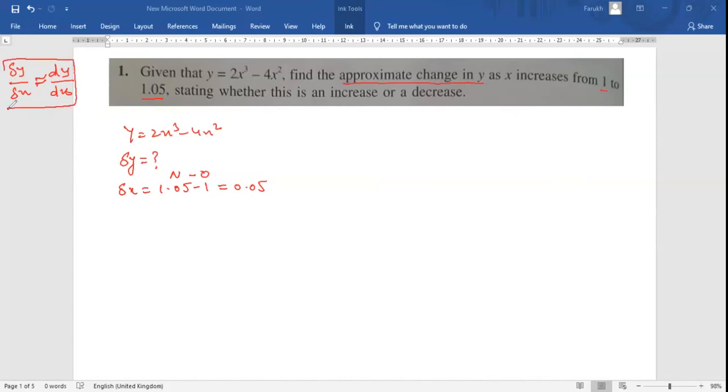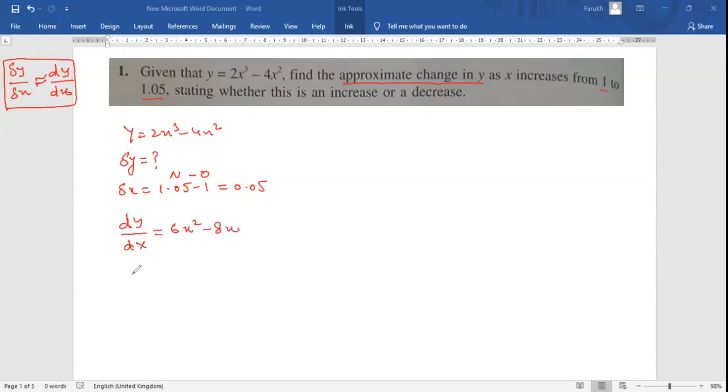Now we will use this rule. We want to find out del y. We have the del x. Now can we find out dy by dx of this curve? Yes, sir. The dy by dx of this curve will be dy over dx is equal to 6x square minus 8x.